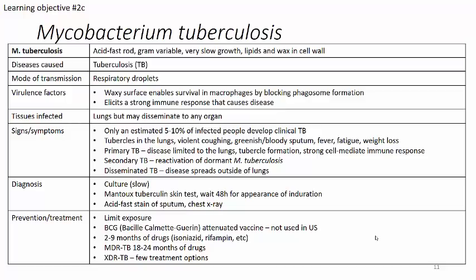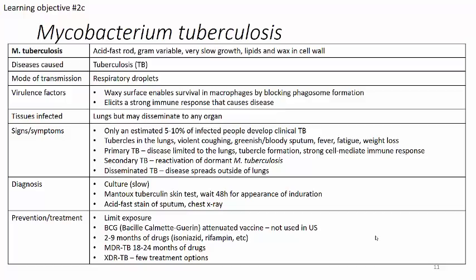The signs and symptoms are that tubercles form in the lungs, which are pockets of infected, enlarged macrophages, and these pockets are surrounded by immune cells attempting to respond to the infected macrophages.